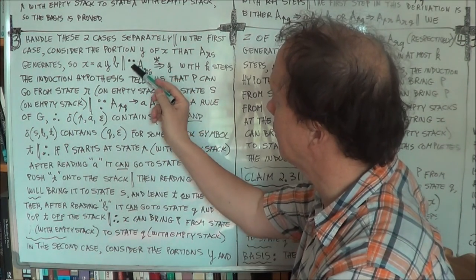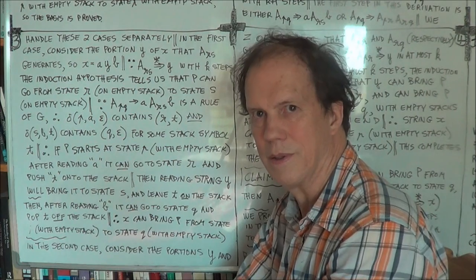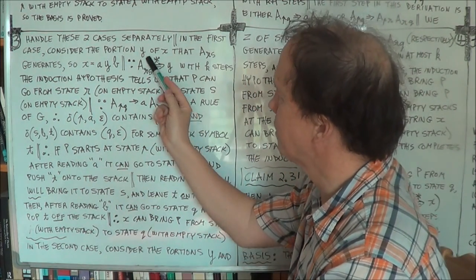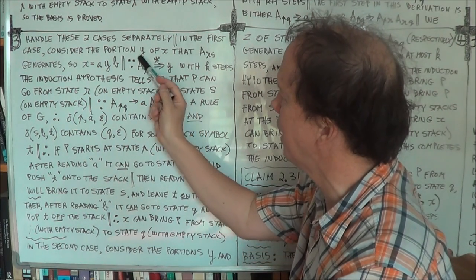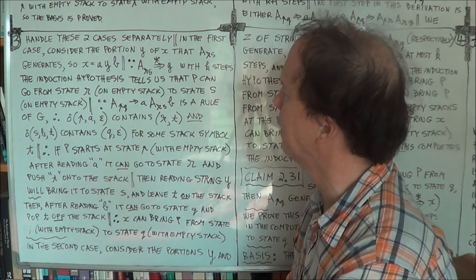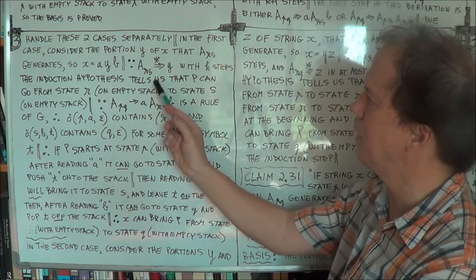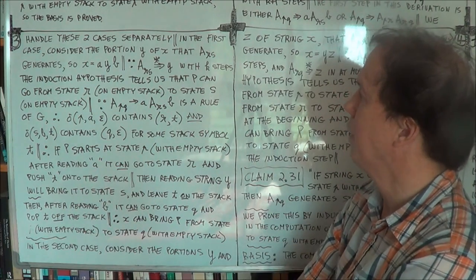So this one will require less than k plus 1 steps, and that's by the induction hypothesis. So we can assume that this generates the string y in less than k plus 1 steps.